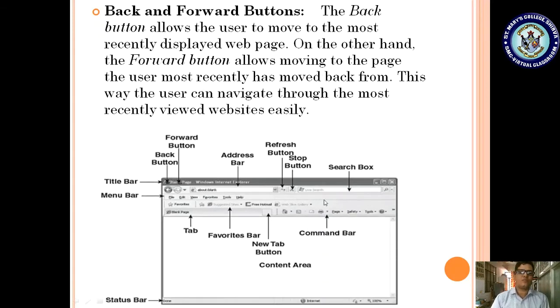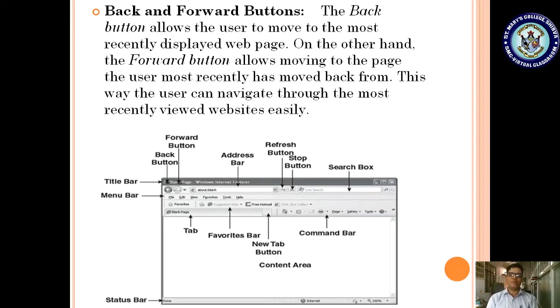Okay. Now back and forward buttons. Let us see what the back and forward buttons are. The back button allows the user to move to the most recently displayed web page. On the other hand, the forward button allows moving to the page the user most recently has moved back from.